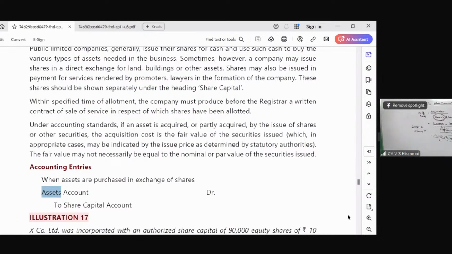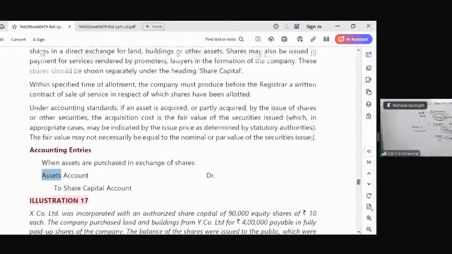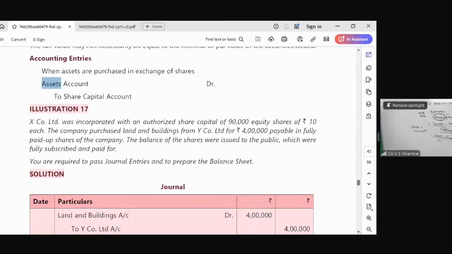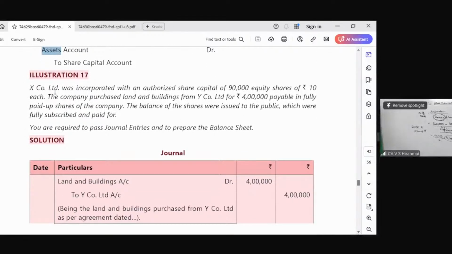So now please come down. This is quite simple. All of you please see. X company was incorporated with an authorized capital of 90,000 shares of rupees 10 each. The company purchased land and building from Y company for 4 lakh rupees payable in fully paid up shares of the company.